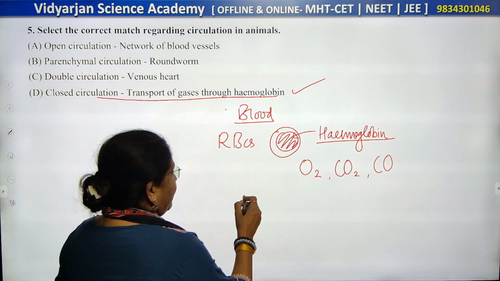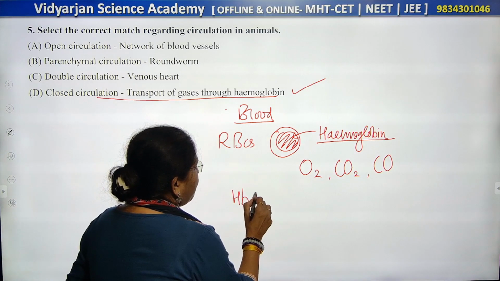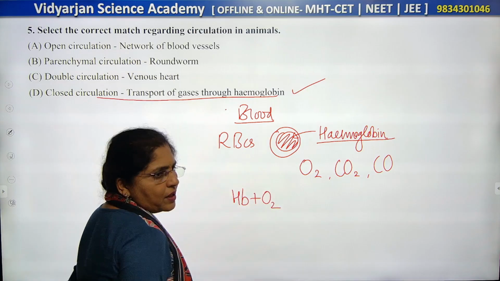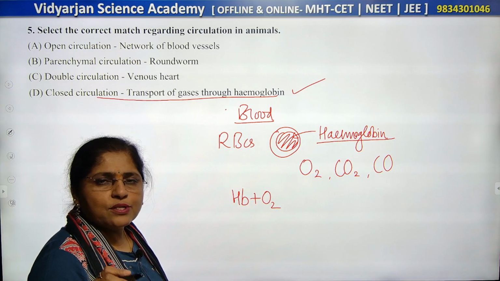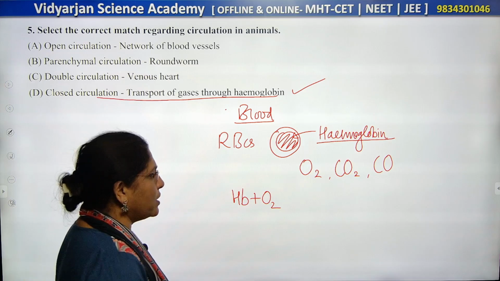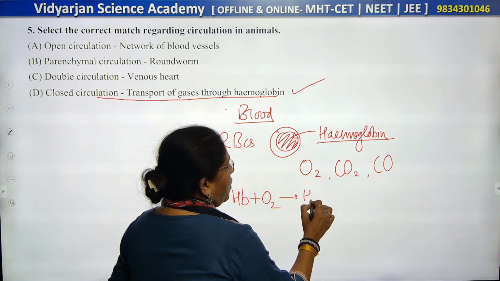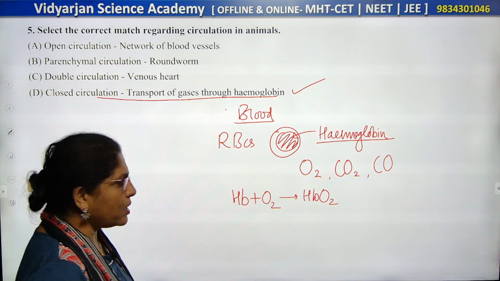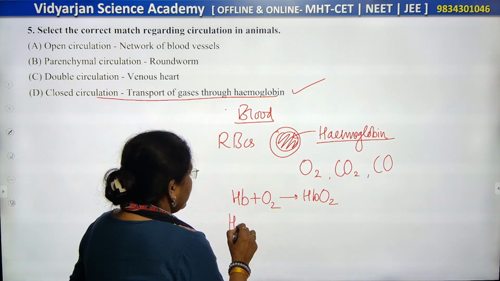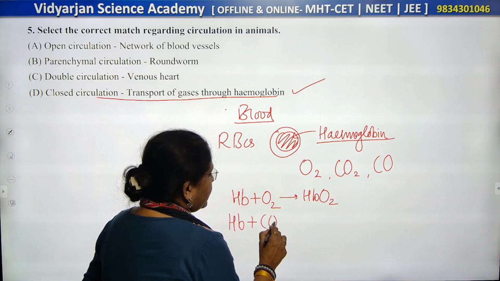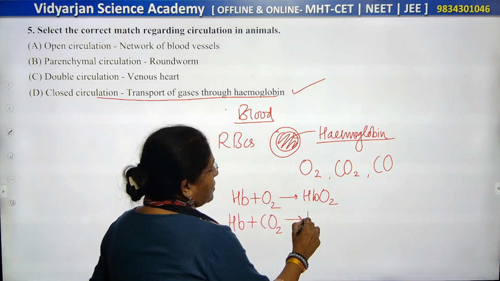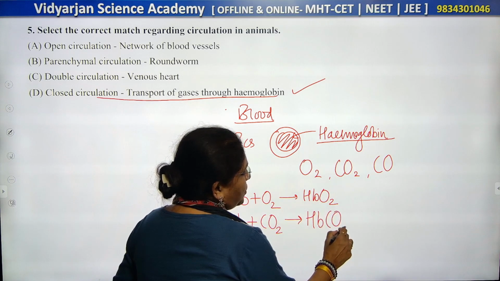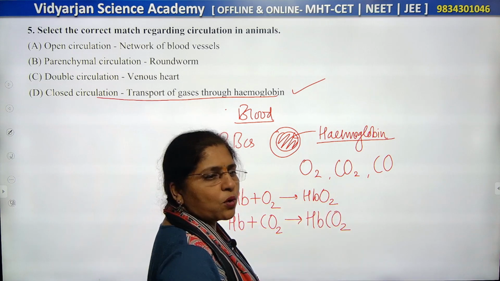When hemoglobin combines with oxygen, you will have the formation of oxyhemoglobin, so it will carry the oxygen. From the tissue, when hemoglobin reacts with carbon dioxide, it gives the formation of carboxyhemoglobin.